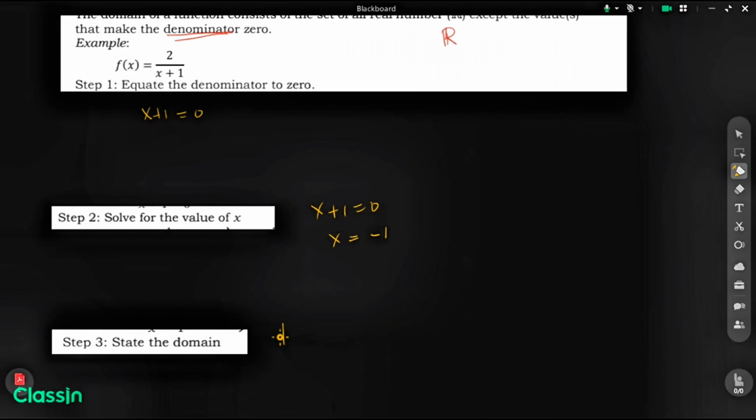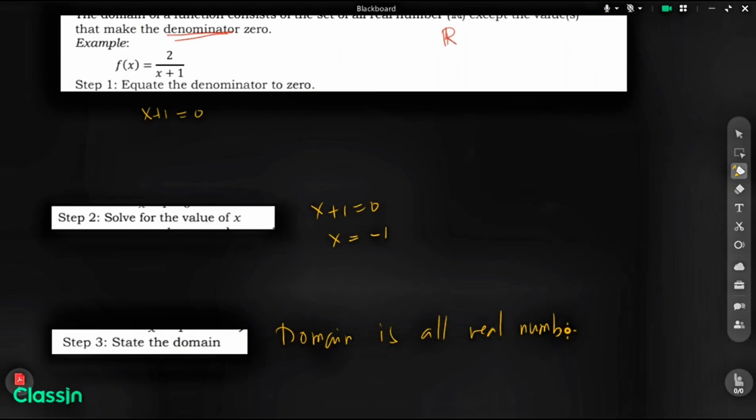So the domain is all real numbers except negative 1.